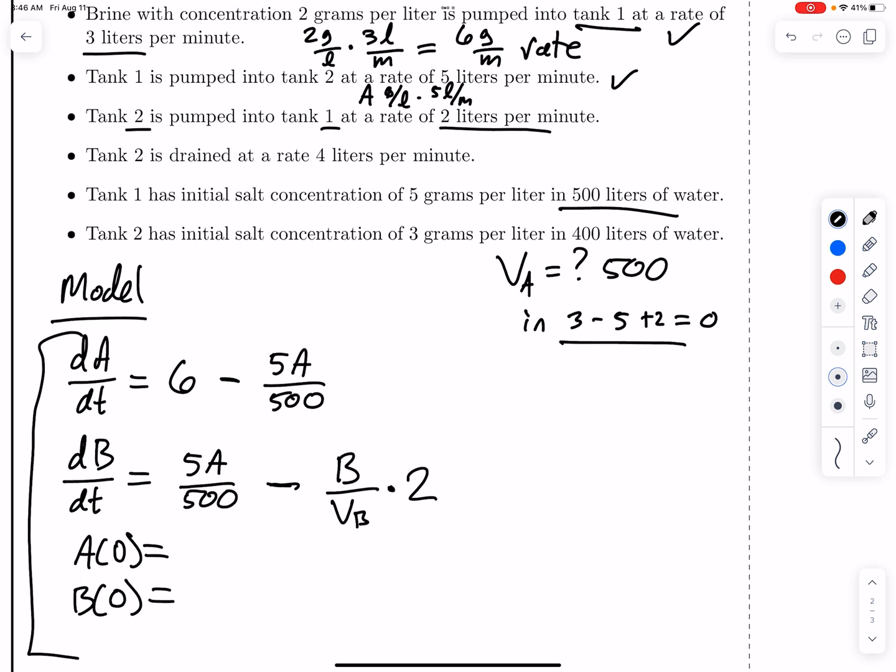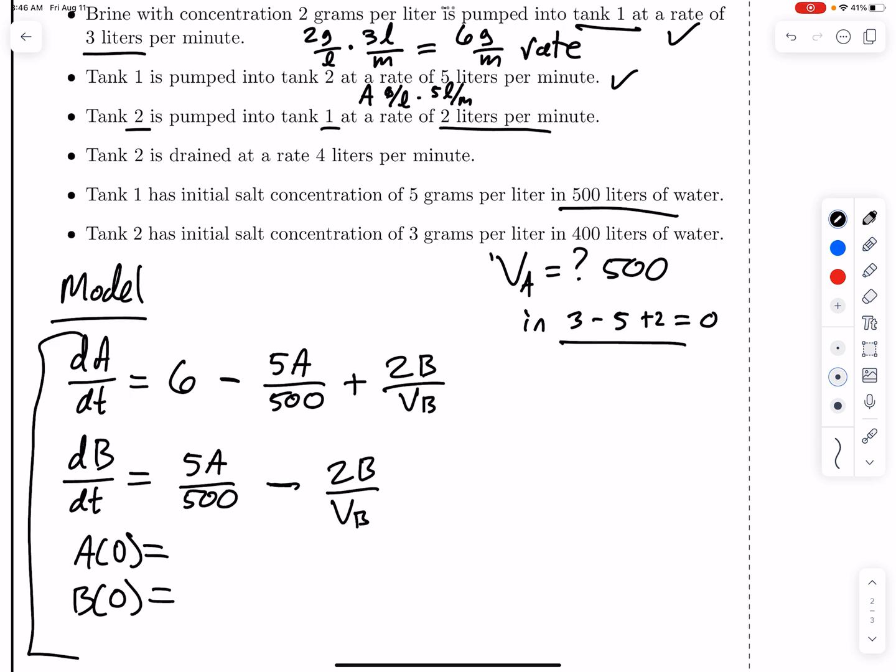And that's going to come into tank 1. So this 2B over the volume of tank B, maybe I can write that as 2B right there as well. That'll clean that up a little bit. So 2 liters per minute, B mass per liter.